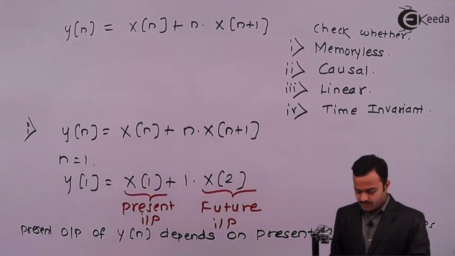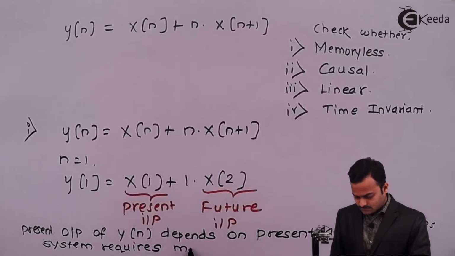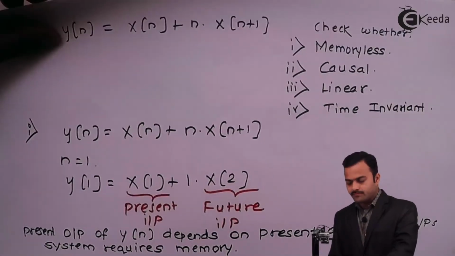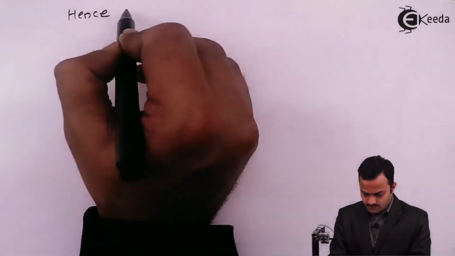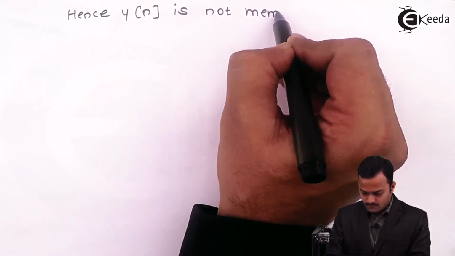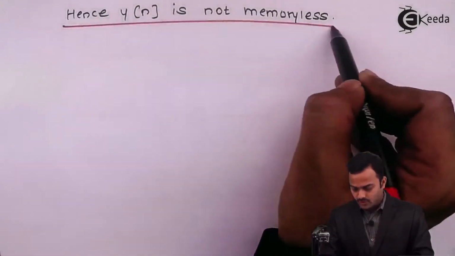So system requires memory, hence it is not a memoryless system. So to store a future input value, system requires memory, hence system y of n is not a memoryless. So first conclusion we have drawn.